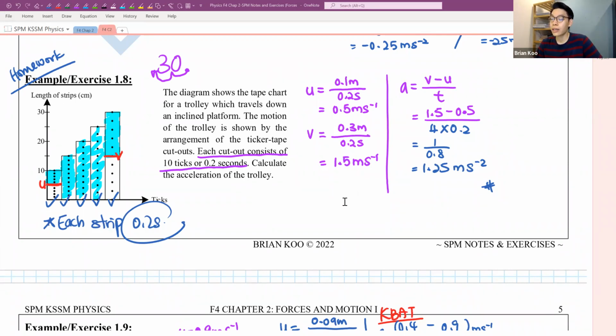Right, I'll give you 20 seconds. If all is good, I'll move on to the next homework question. I hope you tried it yourself.